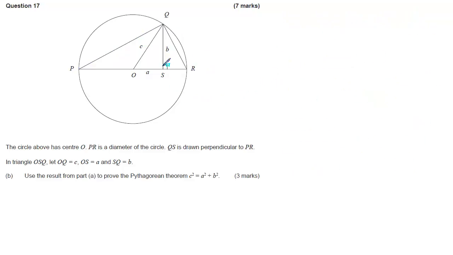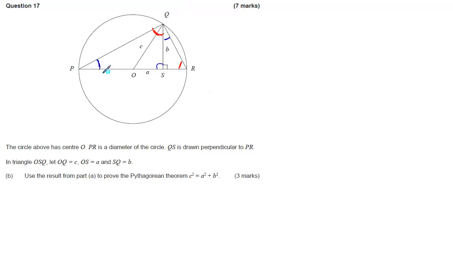Now, let's look back at those two triangles again. So we know that's a right angle. We know that this angle here is the same as this angle here, and that this angle just here is the same as this one here.